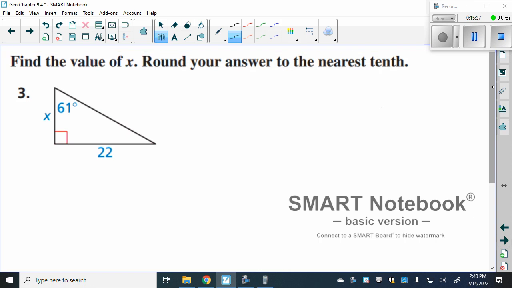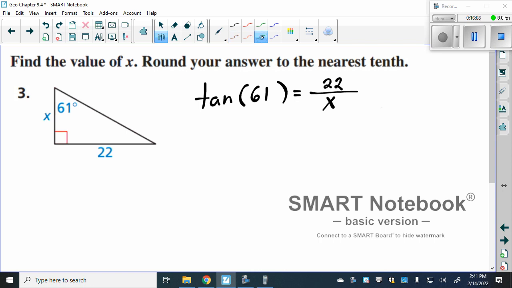All right, let's look at two more and then we'll be done for the day because this is all we're doing. So if we look at this one here again, well, we're going to be using tangent, and it'd be tangent of the angle is equal to the opposite side length, which is 22, over the adjacent side length, which is x.